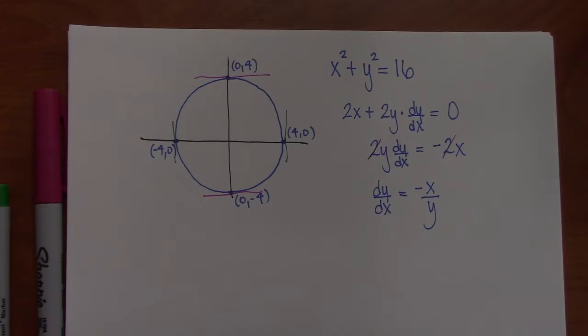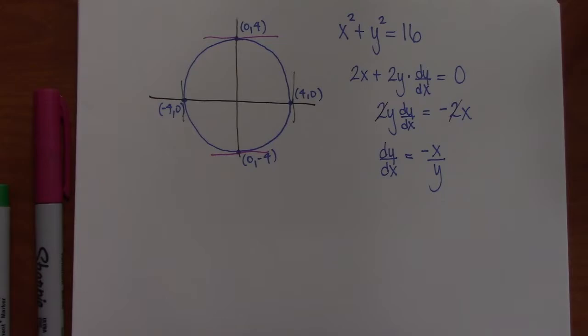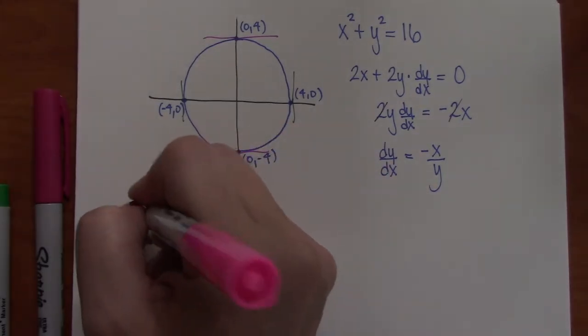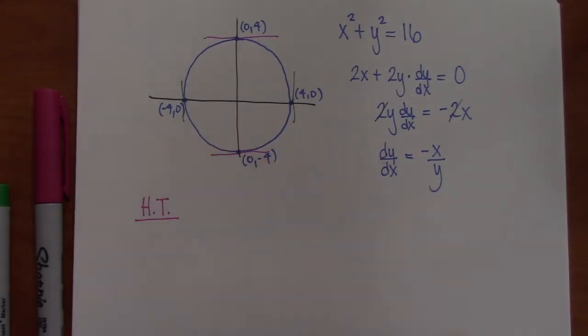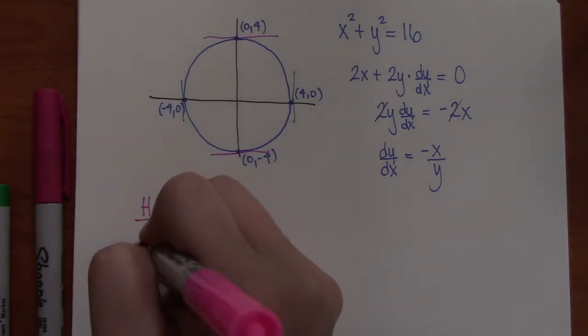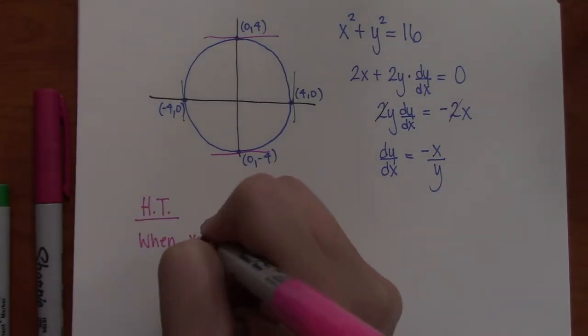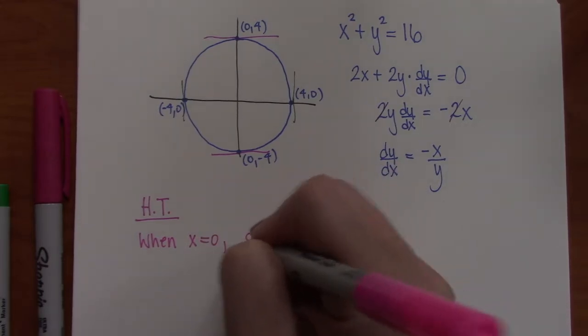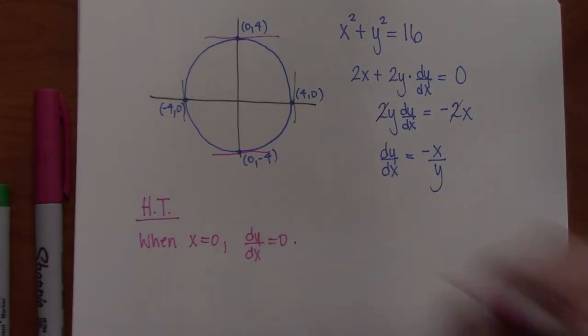So if I want to find the locations of the horizontal tangents, I set the derivative equal to 0. This can only be 0 when x is 0. So when x equals 0, dy/dx is 0.